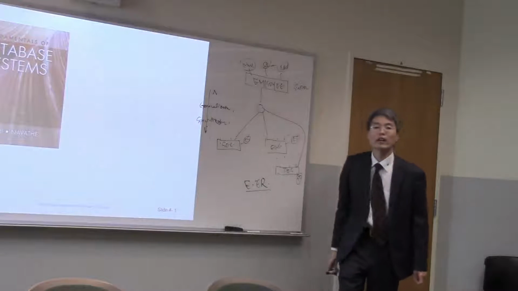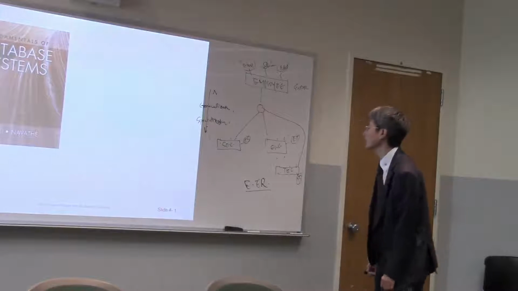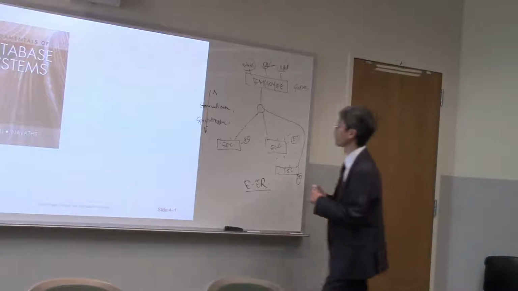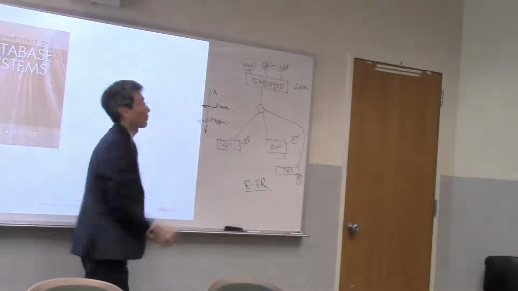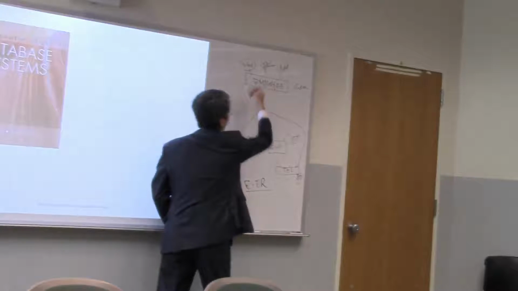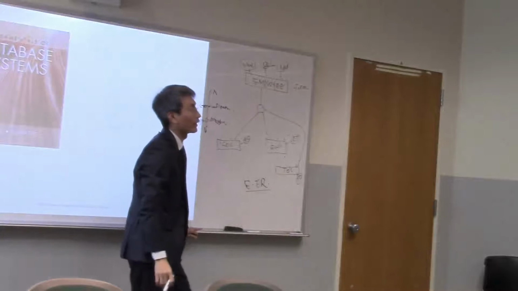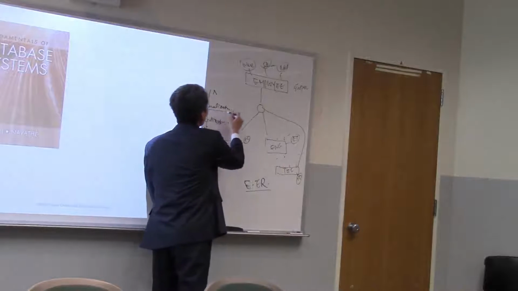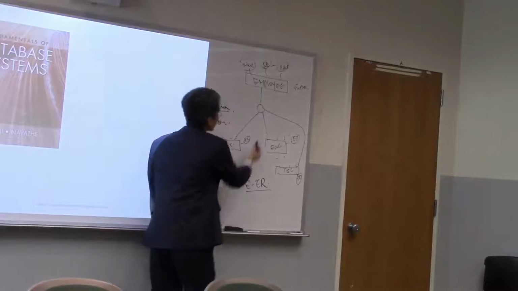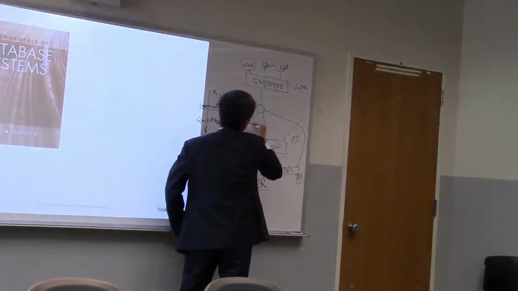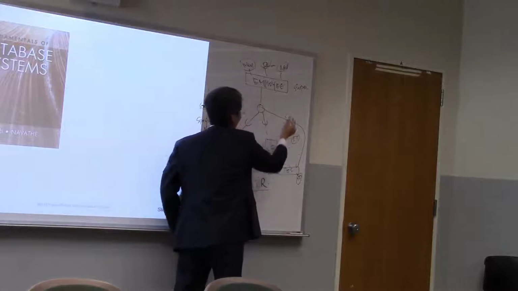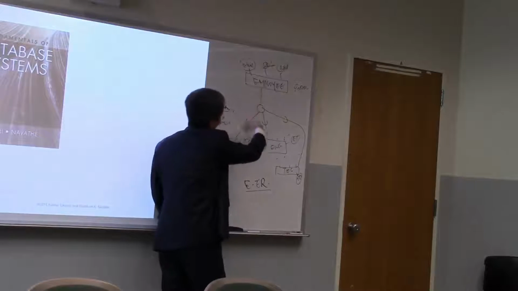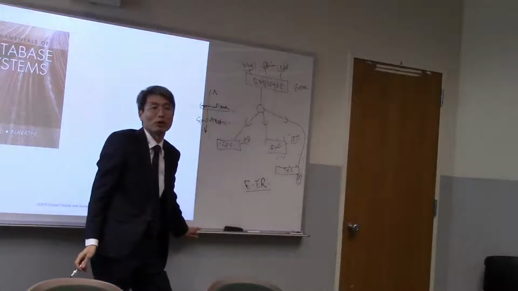Okay, so this is the enhanced or extended ER modeling. To specify the generalization or specialization, if the entity, the super and subclasses, is defined by generalization, which means bottom to top, you can use this symbol.